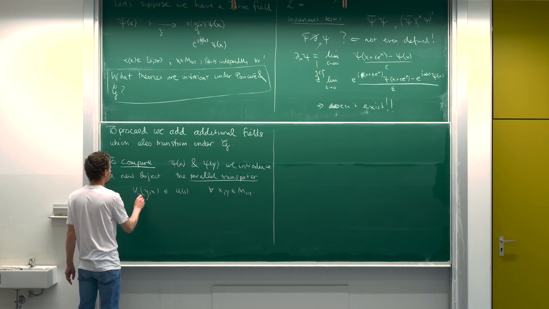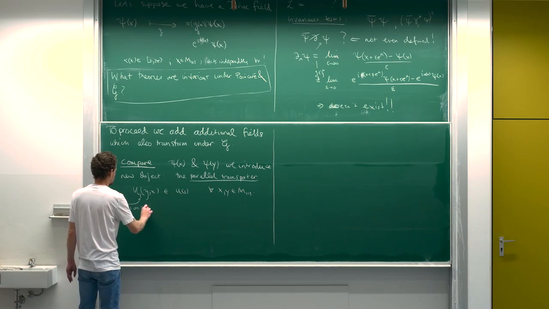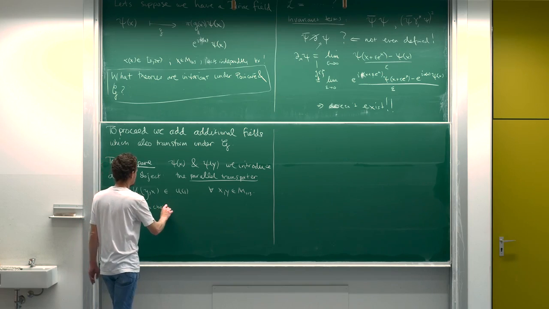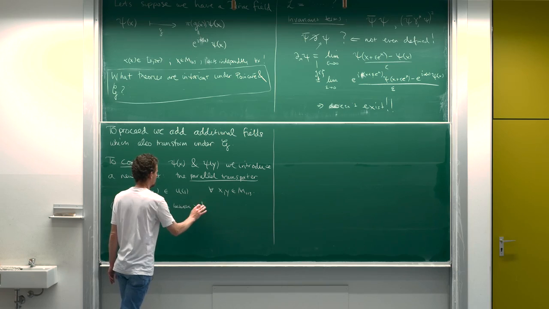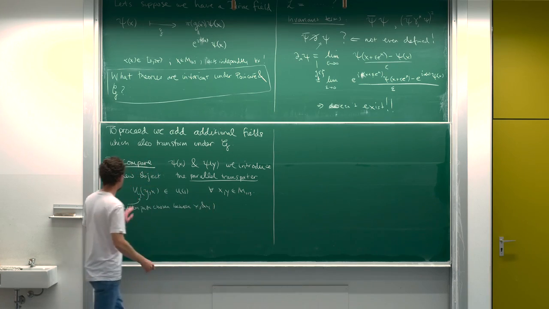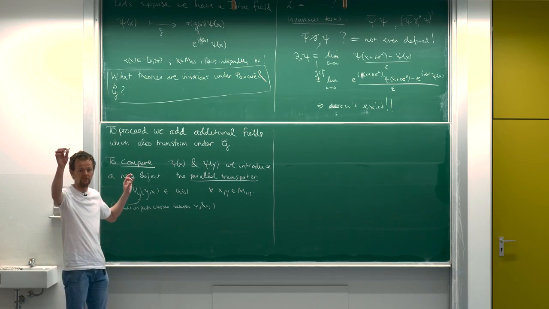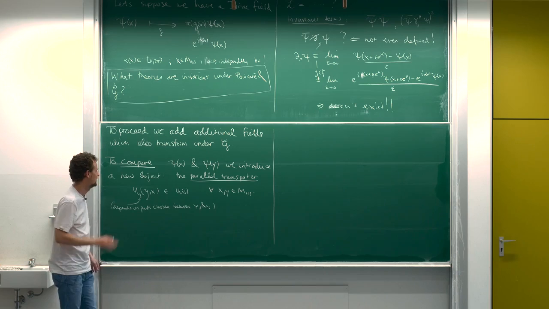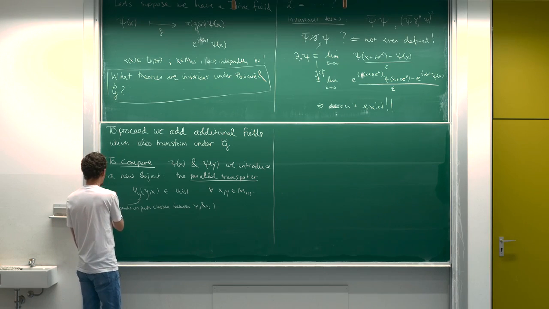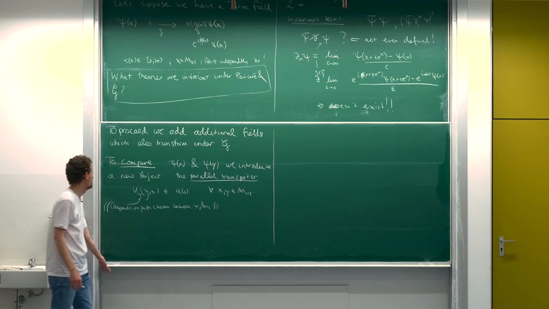It actually depends on the path, but I'm going to suppress that dependence on the path for the moment. So it matters how you get from x to y, this way of comparing the two fields. This dependence on the path is really suppressed for the moment.